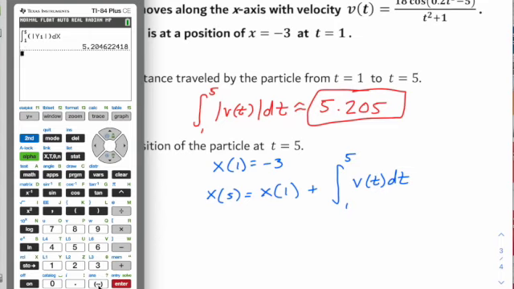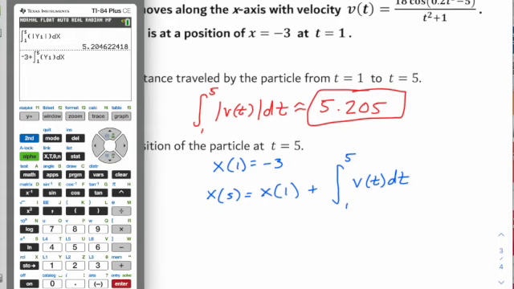And I'm going to do x of 1, which is -3, plus math 9 from 1 to 5, from the position you know to the position and time you want, and no absolute values this time. Alpha trace y1 dx.